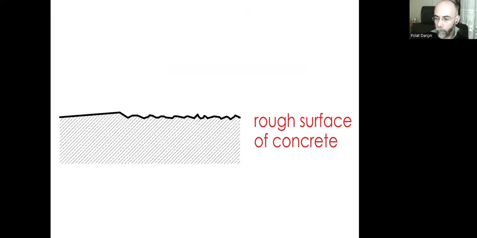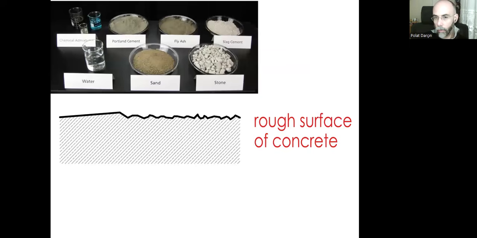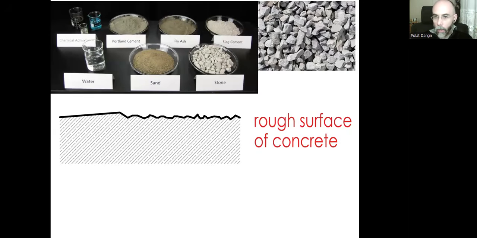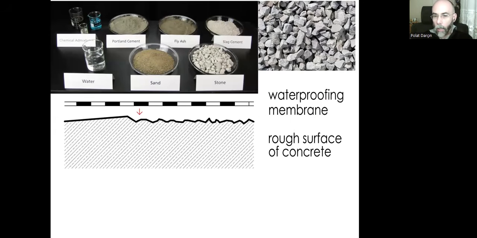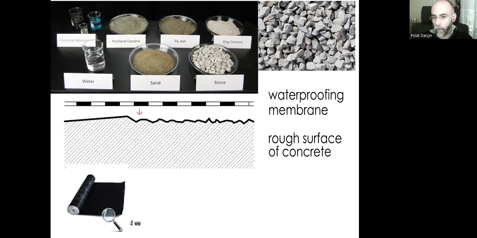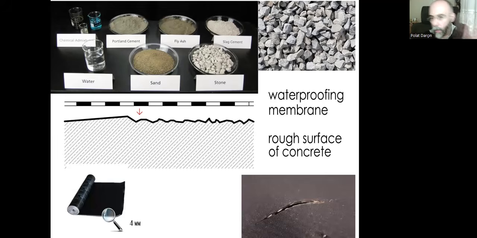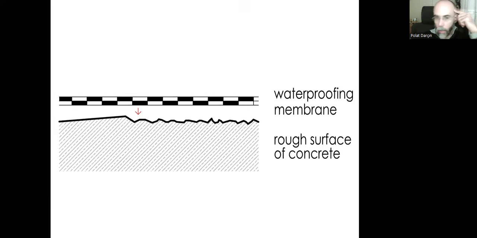If we prefer reinforced concrete for the roof structure, and if you are going to place membranes out of either bitumen or plastic, you know that they are very thin. We need to take care of these sharp edges. If we place the membrane directly, there's this risk that, because it's 4 mm, it can be torn by these sharp edges.